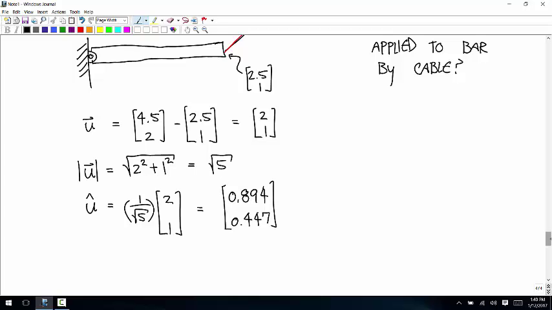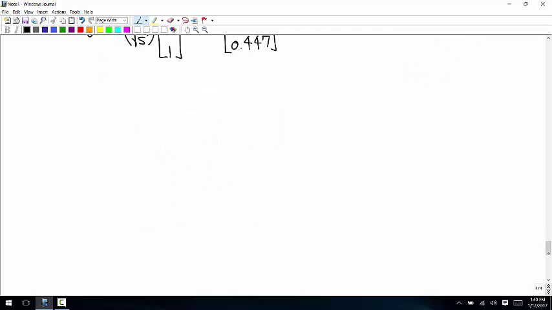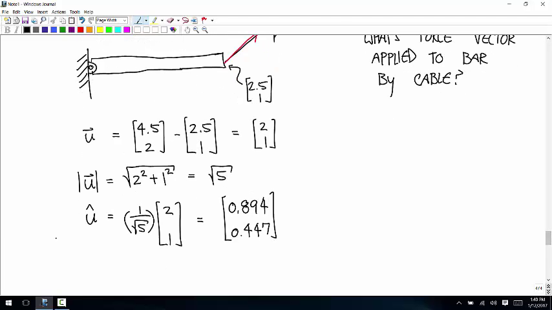Okay. So that's the unit vector. And then the force vector is just T times that unit vector. So 0.894 T, 0.447 T.